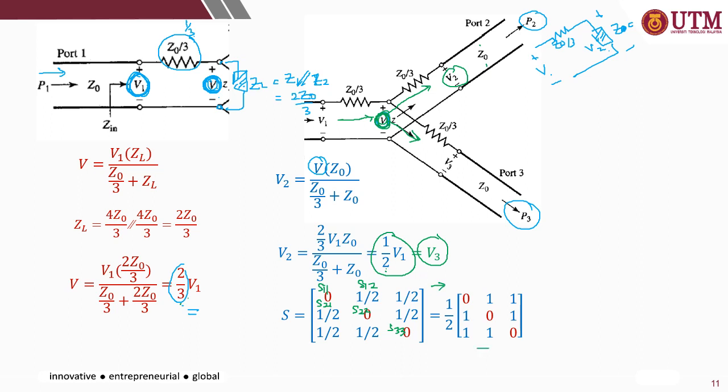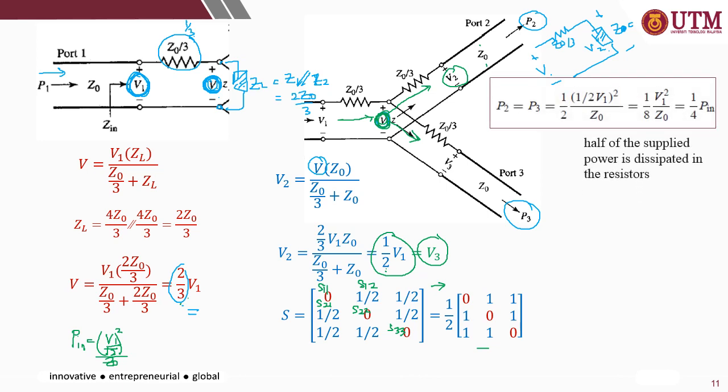Okay, let's look at it in terms of the power delivered. The power at the input point is supposedly P equal to V1 over 2 RMS squared divided by the impedance of the lines. We can call this P in or P1. So what happened to P2 and P3?